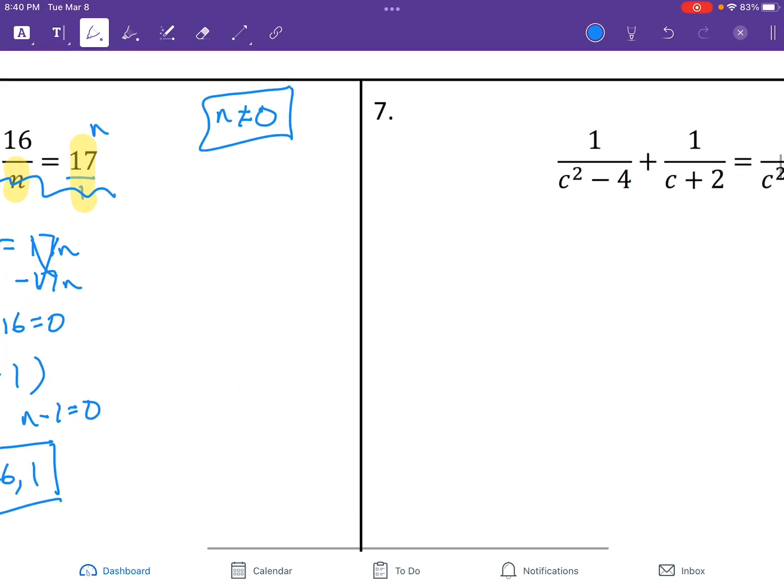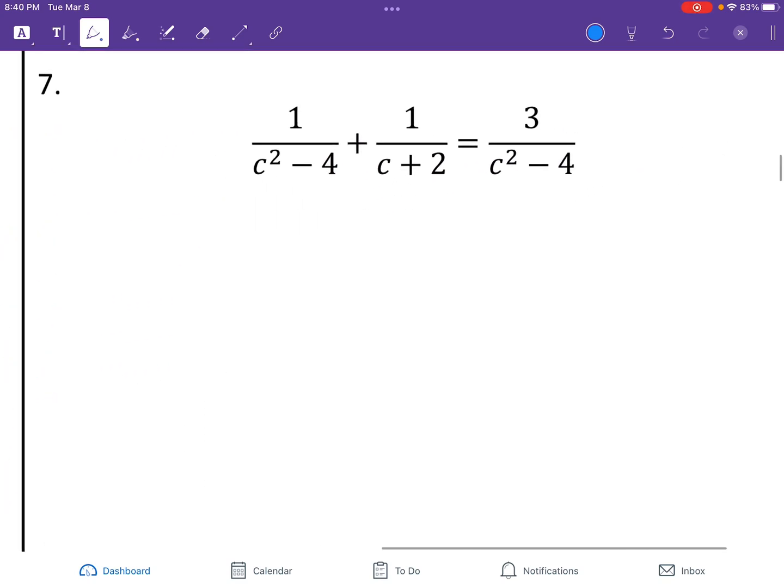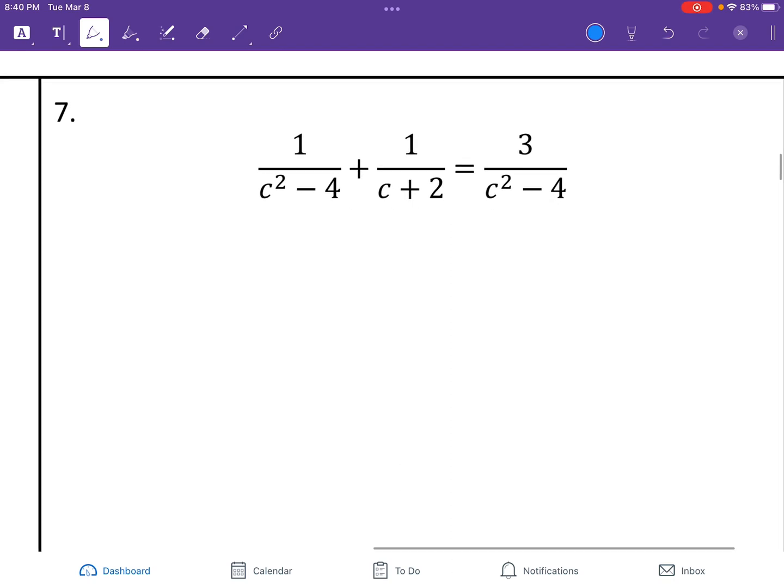Number 7. Again, kind of like number 5, we have to factor this first. C squared minus 4, that's found in the first and the last fractions here, is a difference of 2 squares. All right, two numbers that multiply to be negative 4 but add up to be 0 would be C plus 2 and C minus 2.